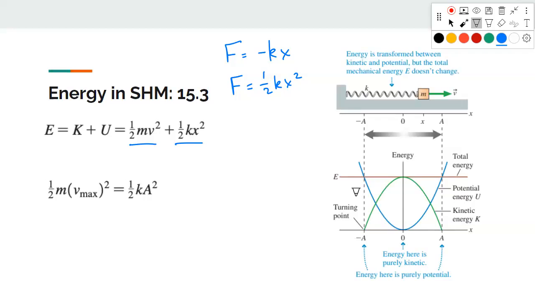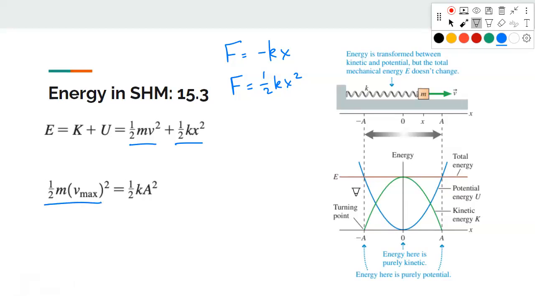Now it'll do that in two different directions, right? To the left or to the right. But our energy equation doesn't care about the direction of the velocity. Kinetic energy just is a scalar quantity. It can only be positive. So this left side is when all of our energy is in the form of kinetic energy. And you can see that happens.